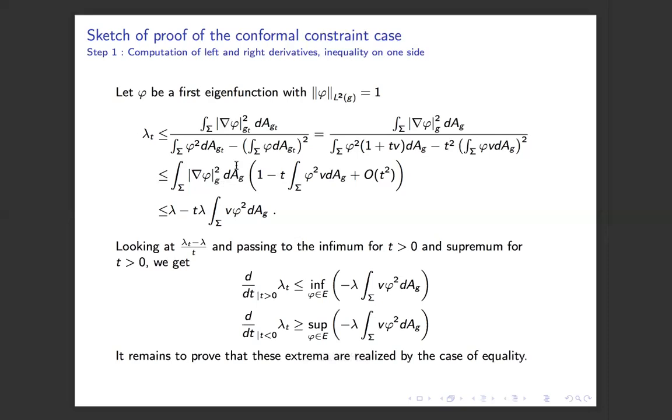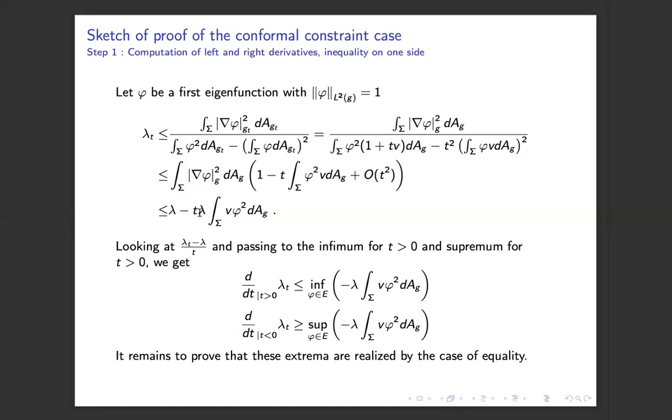Then, looking at (lambda_t minus lambda) divided by t, the variation of lambda, and passing to the infimum when t is positive and supremum when t is negative, we obtain these inequalities. So when t is positive, when you divide, the inequality is the same here.